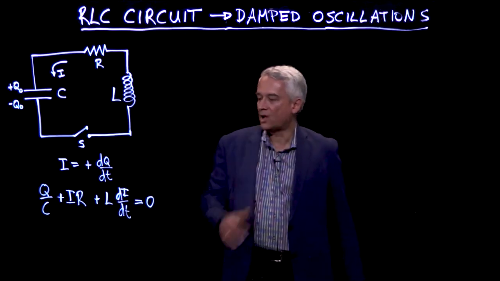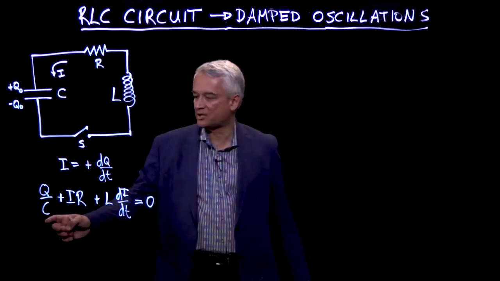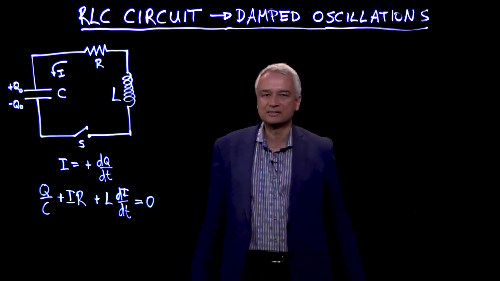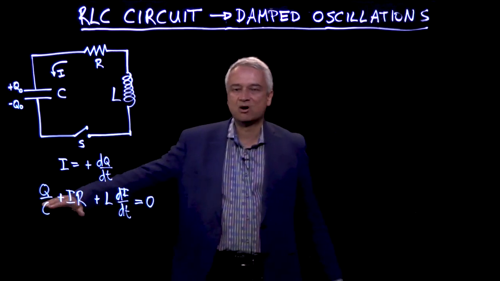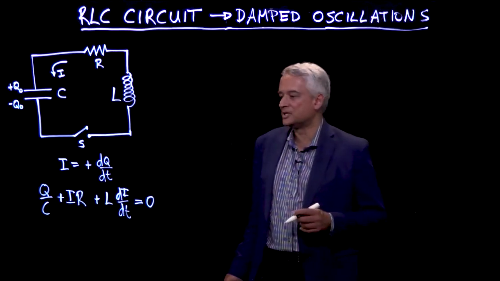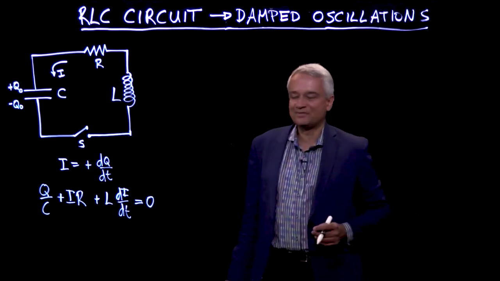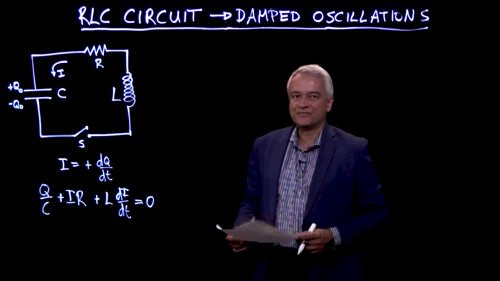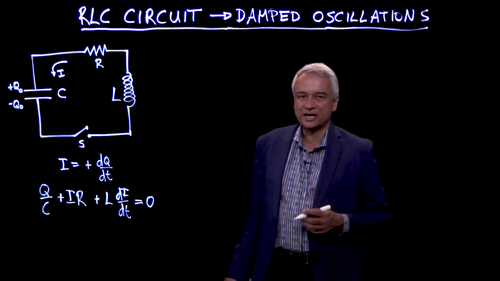Now we have all three terms. We have a Q, we have a dQ/dt, and a d²Q/dt², all in the same equation. This makes this a harder differential equation to solve. And in 802, we're not actually going to assume that you have the math background to solve this differential equation, but we'll nevertheless be able to analyze it and understand what happens.